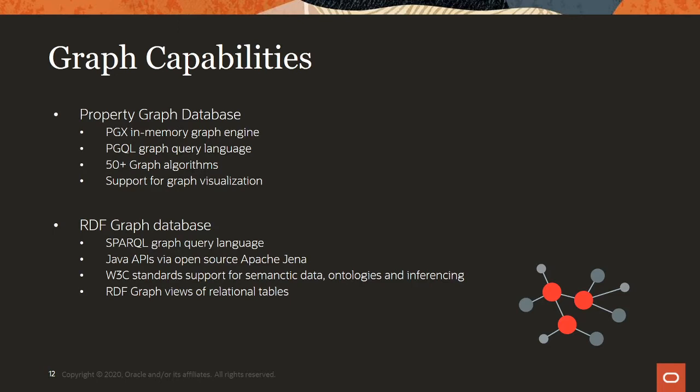When it comes to the RDF graph database, we have the SPARQL graph query language. We also follow the W3C standard support for semantic data and ontologies, since they were the ones who suggested the RDF system of graphs, where they're talking about linked data and the semantic web, where all information is connected.